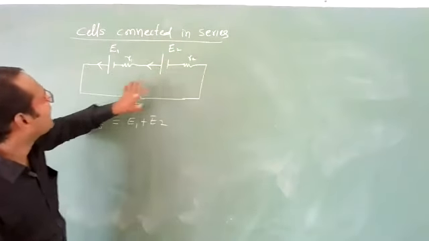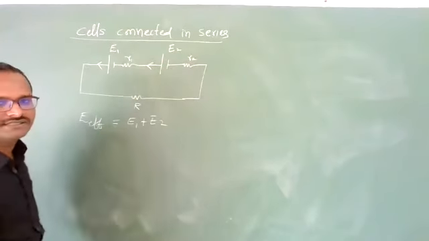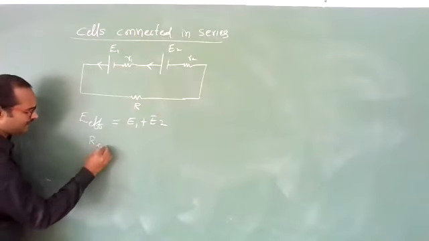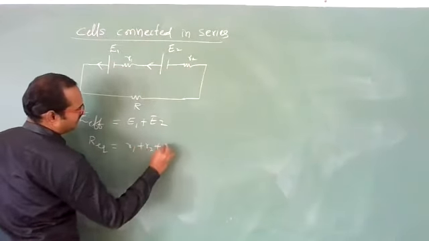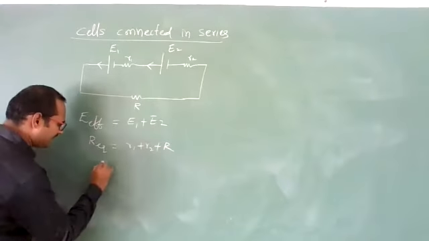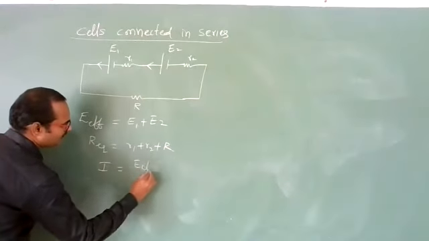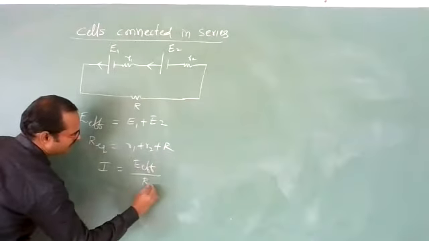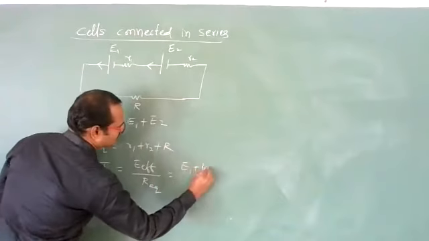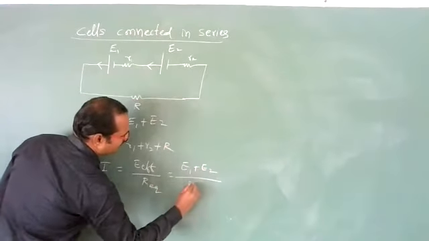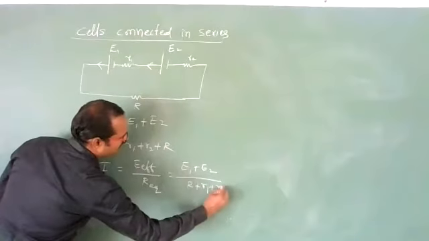R1, r2 and capital R are connected in series. Then R equivalent we can write as r1 plus r2 plus capital R. Now current can be written as I is equal to EMF divided by R equivalent, that is E1 plus E2 divided by capital R plus r1 plus r2.